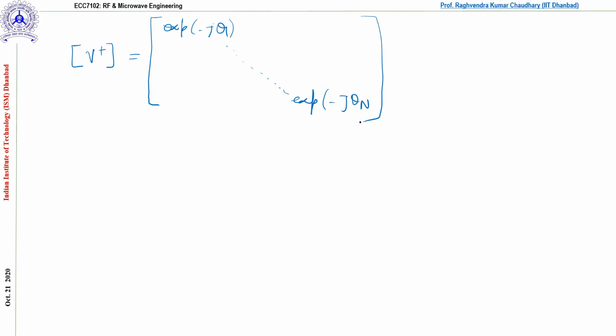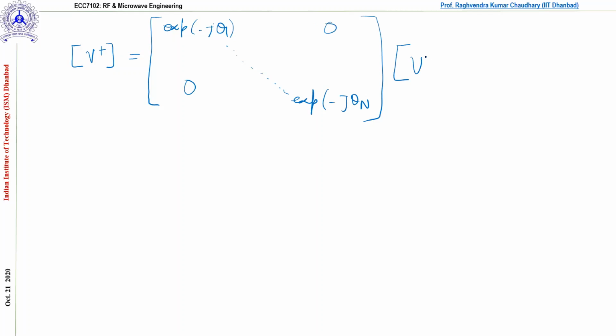Now, because this is an input system, it could be justified if we convert it into matrix form, correct? So let us write it down in matrix form. There will be a column matrix V plus is equal to a diagonal matrix, exponential minus j theta 1, and this will go on up to exponential minus j theta capital N. Other elements will be 0.